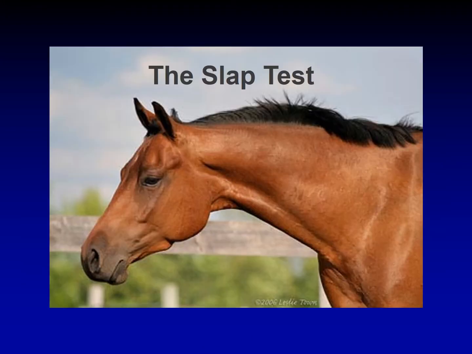Sometimes before endoscopy, clinicians used to have what's known as the slap test. So what they do is they put one hand on the larynx here, and they slap the horse over the shoulder here, and they feel if the recurrent laryngeal nerve is not injured, they will feel the two arytenoids moving.